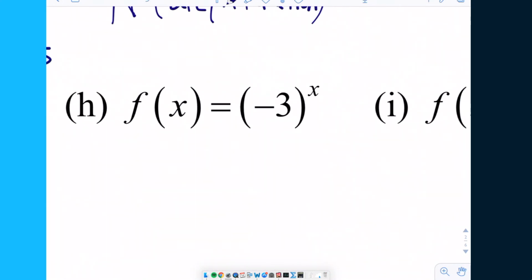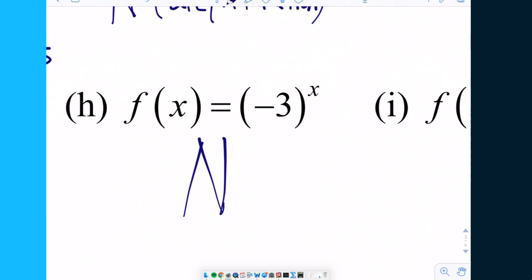So that one is exponential. Whereas this one over here, now with the parentheses there, the base is -3. Is that a legal base? No. So this is not exponential. The reason that's not going to work is when you raise -3 to integer powers, it's going to oscillate like -3, 9, -27.